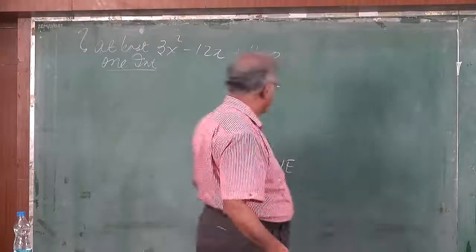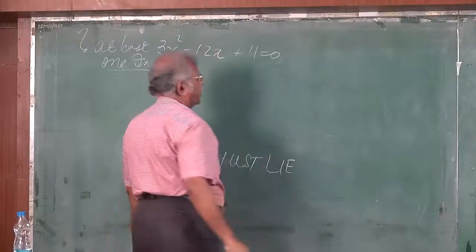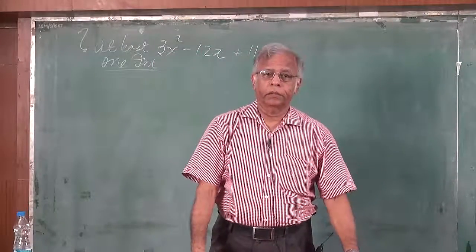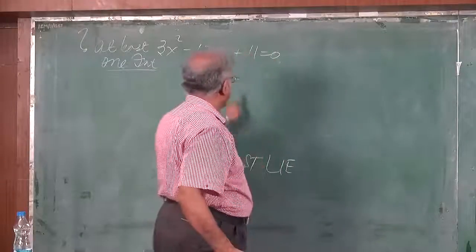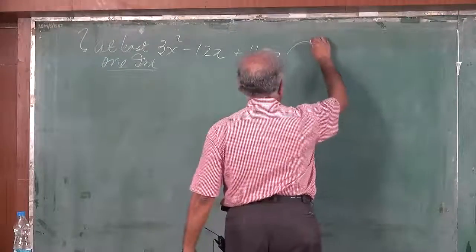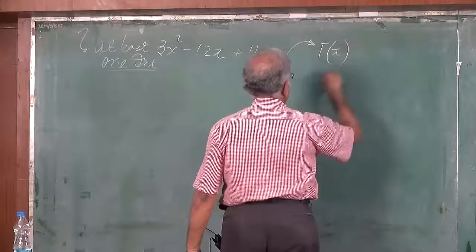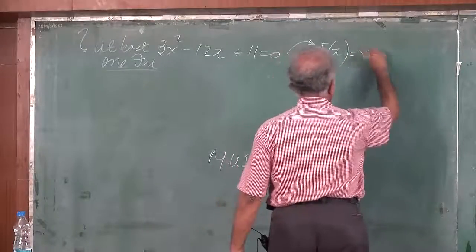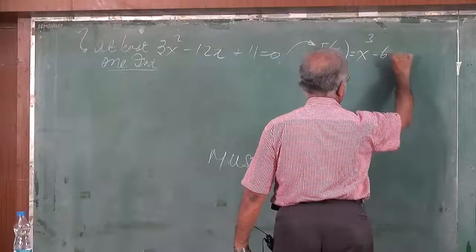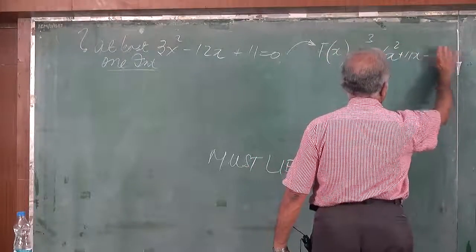So, here we have put up on the board a quadratic equation. Now, a student who is alert will see that this fellow is the derivative of capital Fx equal to x cubed minus 6x squared plus 11x minus 6.